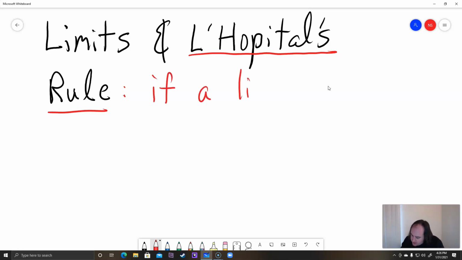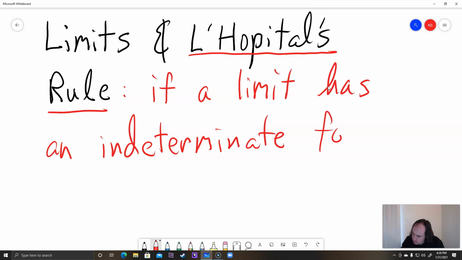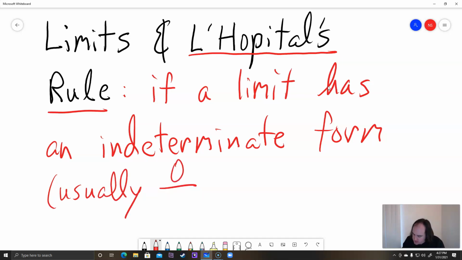if a limit has an indeterminate form, and usually the indeterminate form is going to be 0 over 0, you're going to end up with 0 over 0. That's called indeterminate because you can't determine what 0 over 0 is.